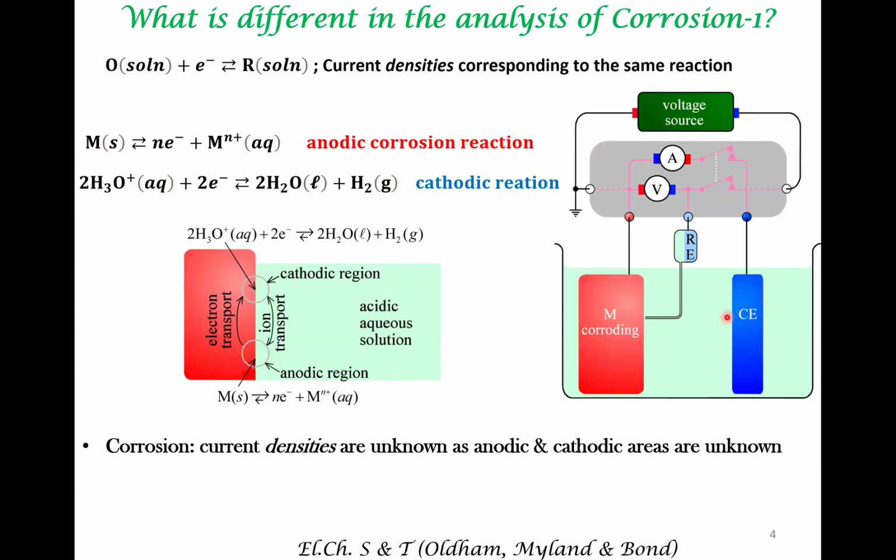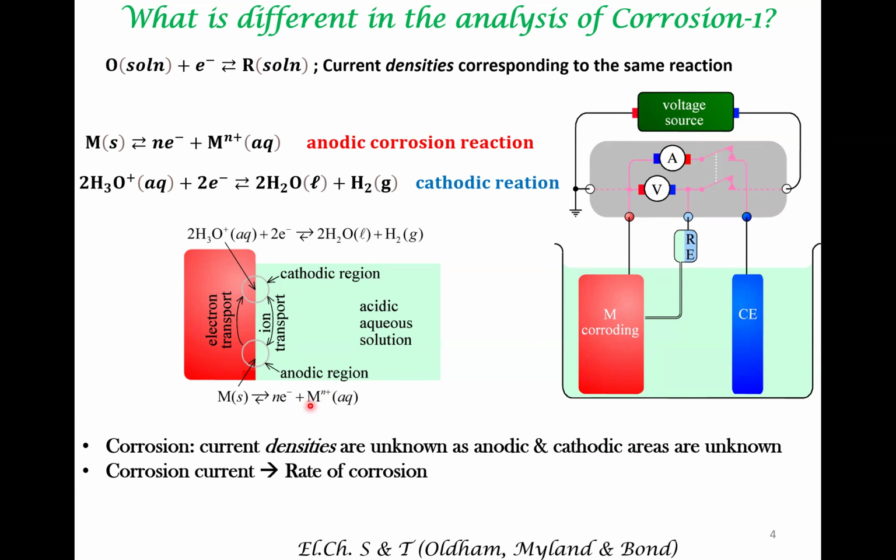In corrosion, current densities are unknown because the area relevant to the anodic part and the cathodic part is not very well defined. So we typically only deal with current as opposed to current densities. When we were quantifying the properties of this reaction, we looked at current densities. However, in corrosion, we are mostly discussing just current and not current densities because anodic and cathodic areas are unknown.